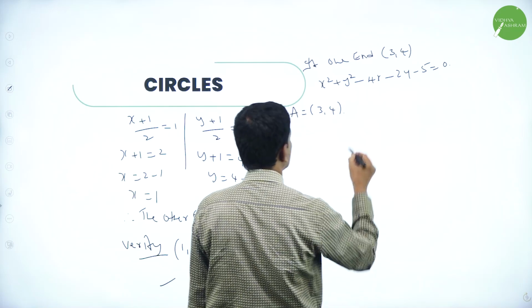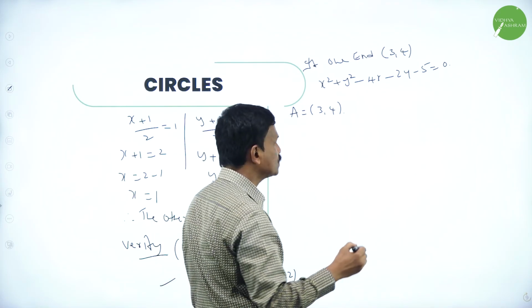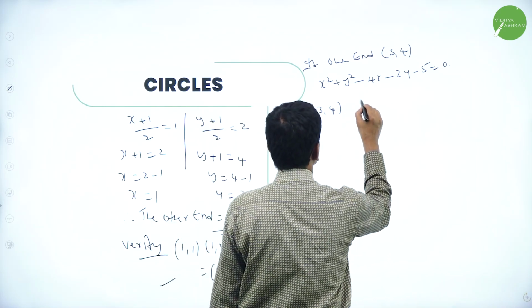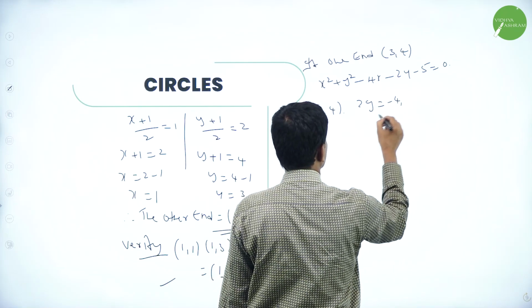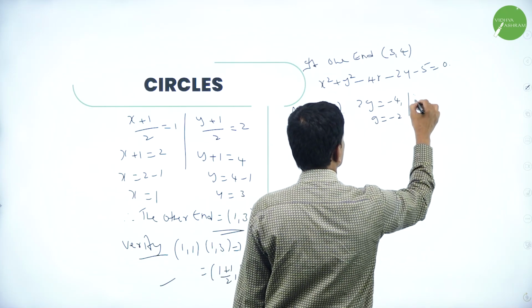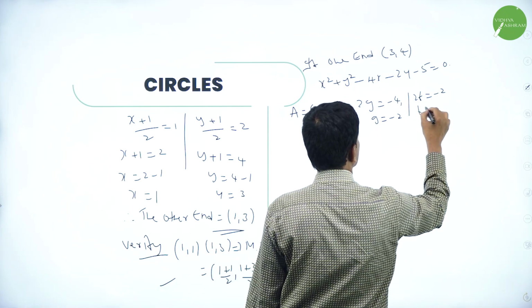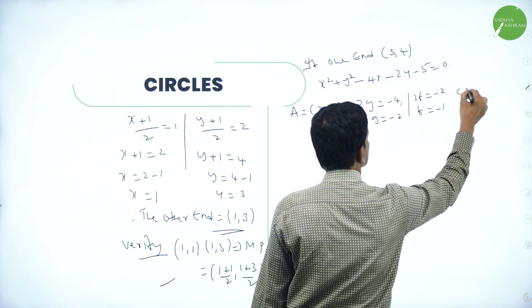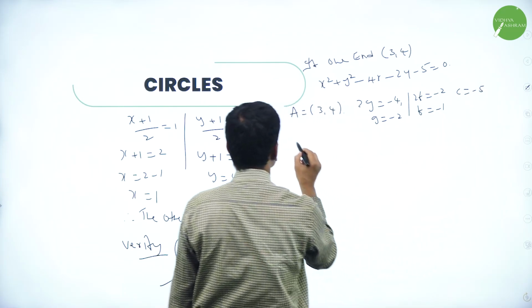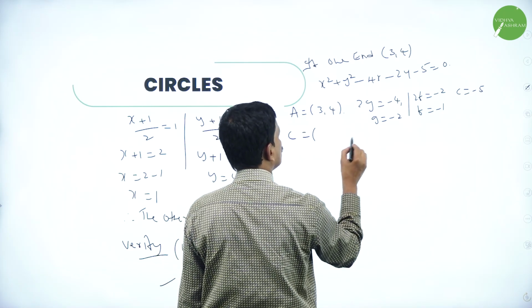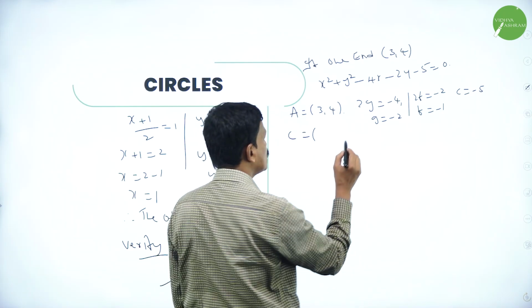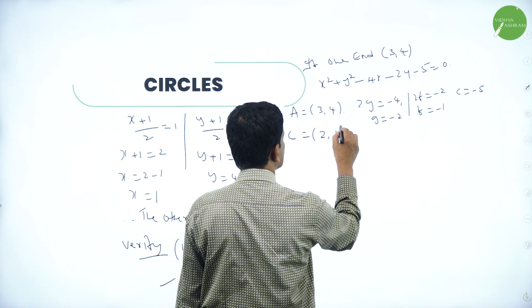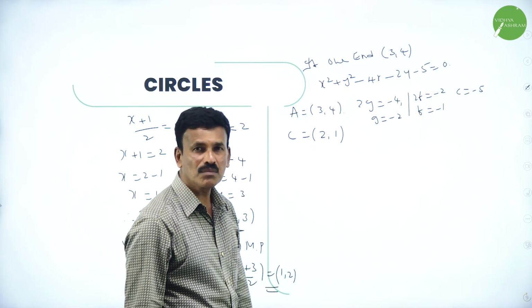Find out the center for this. Comparing with the standard equation, 2g is equal to minus 4, g is equal to minus 2. 2f is equal to minus 2, f is equal to minus 1, c is equal to minus 5. The center is (minus g, minus f). Minus of minus is plus, so the center is (2, 1).